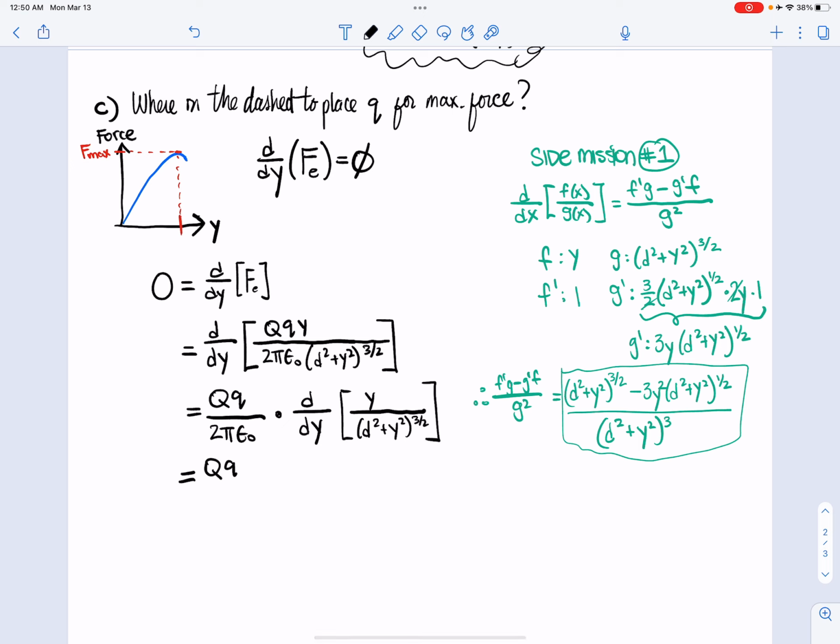So q over 2 pi epsilon naught times, I'm just going to plug this in now, d squared plus y squared to the power of 3 halves minus 3y squared times d squared plus y squared to the power of 1 half. Divide all that by d squared plus y squared to the power of 3, right?